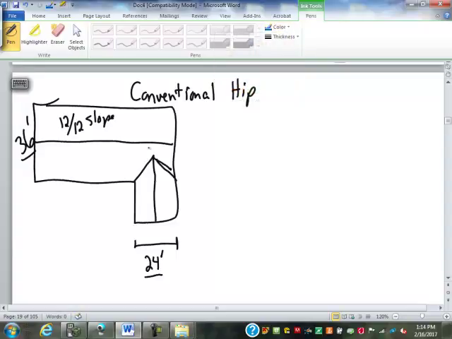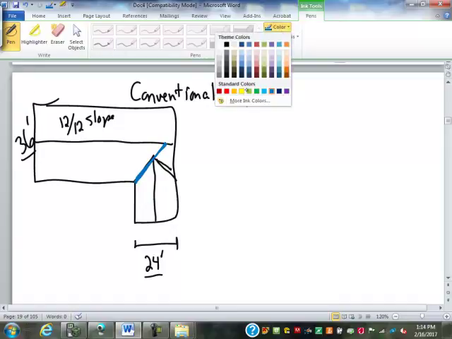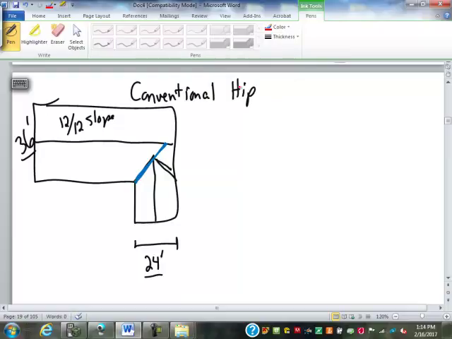To deal with this, we're going to take this valley here, and we're going to extend it up to the ridge so that we can do our math with it. Now we have two different ways of approaching this. We could find this common here, or we could find this common here.